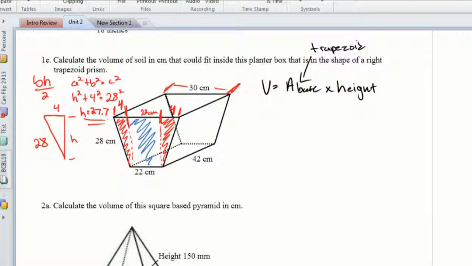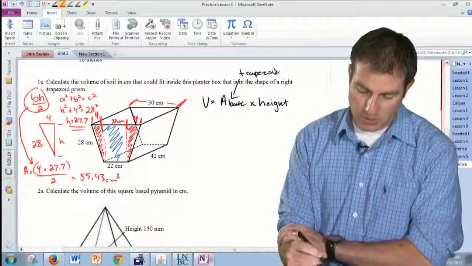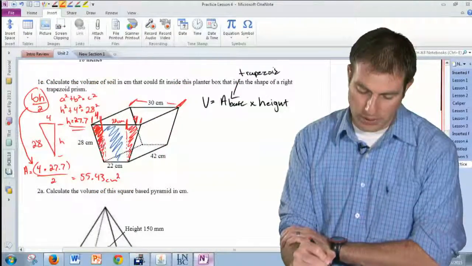Now to find the area of this, I'm going to go base, which is 4, times the height, which I just found to be 27.7, divided by 2. So I get 55.43. All right, so 55.43 centimeters squared is going to be the area of just one of these triangles.